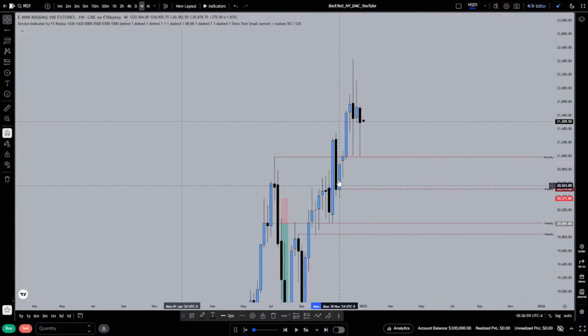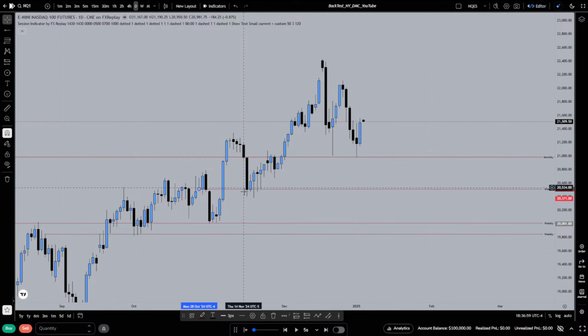So now this weekly is now getting tested. A little bit of resistance on the monthly level, but then it passes through, creating another high. Now we don't have much here.